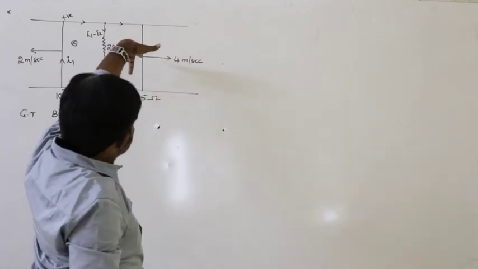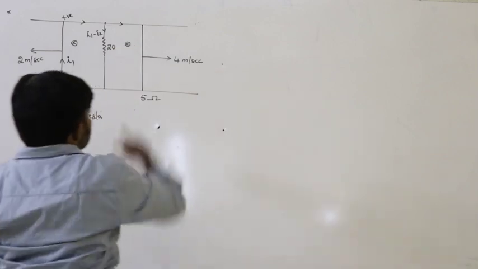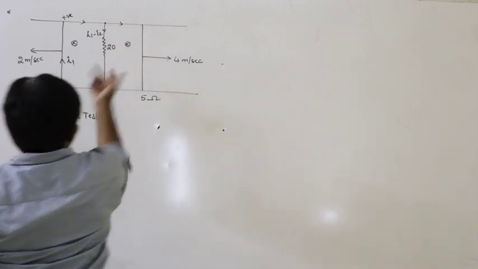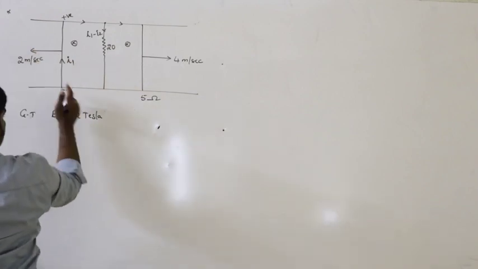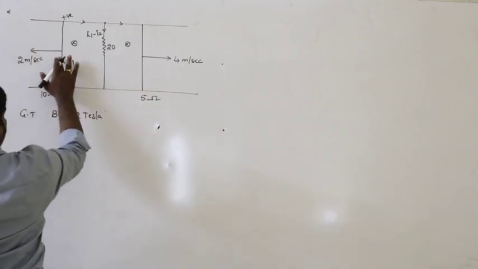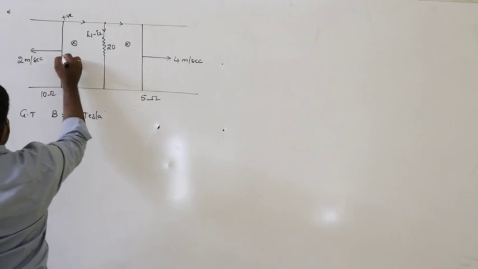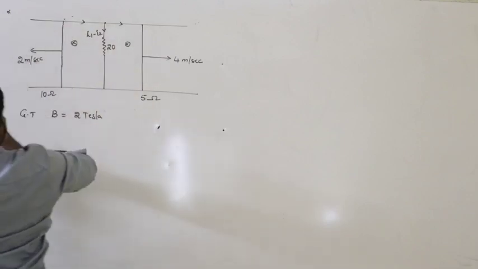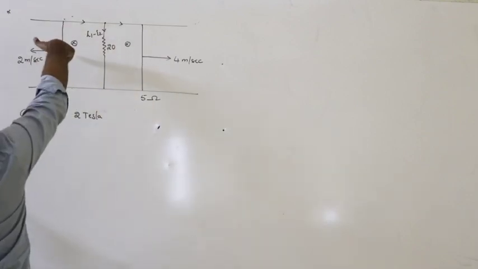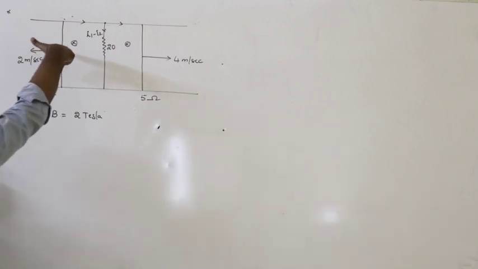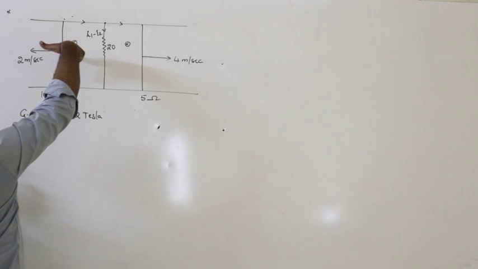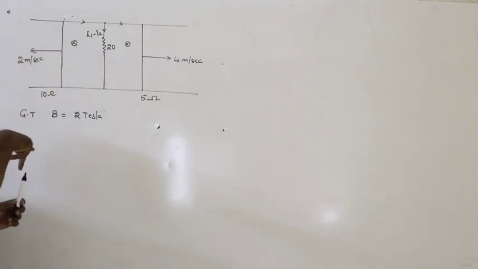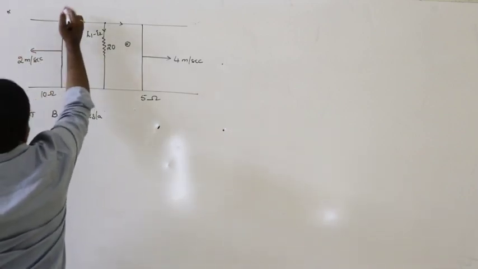According to Fleming's right hand rule, the thumb indicates the direction of motion of the conductor, the forefinger indicates the direction of the magnetic field, and the central finger indicates the direction of the current.